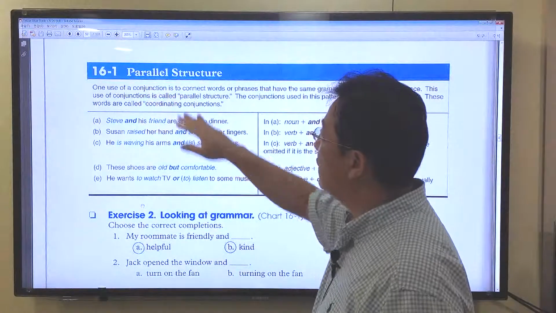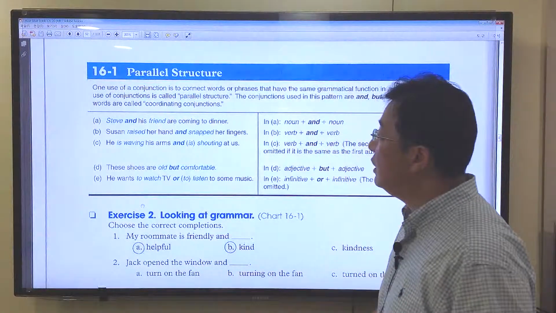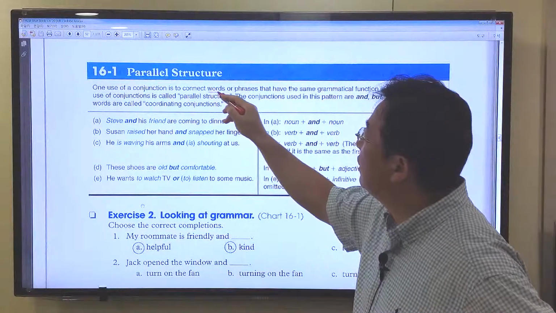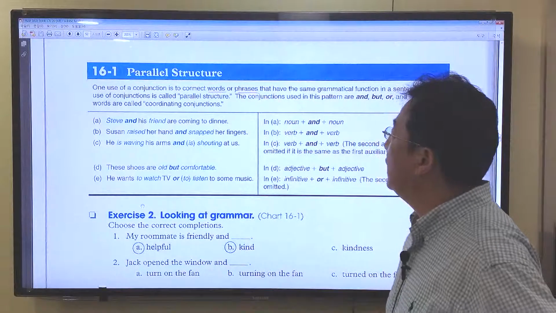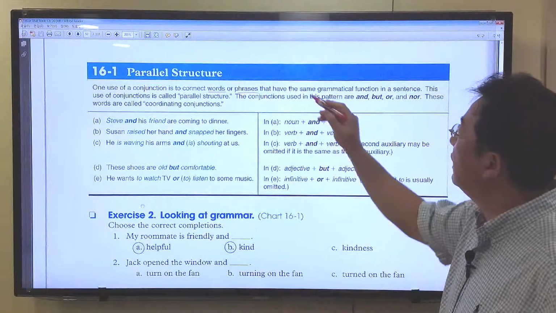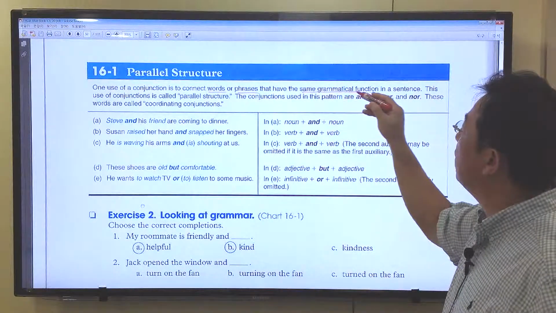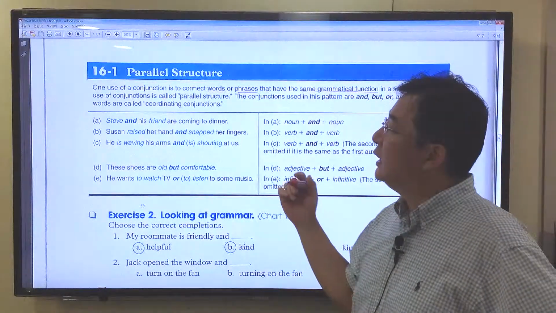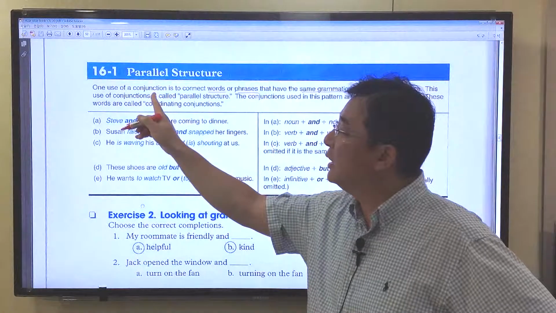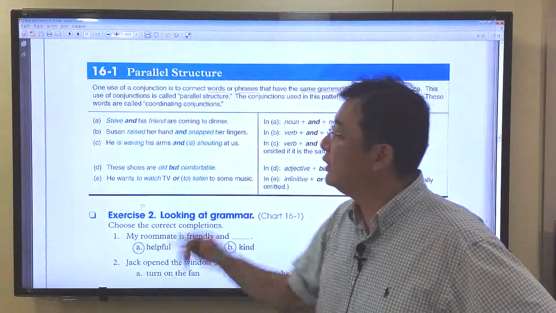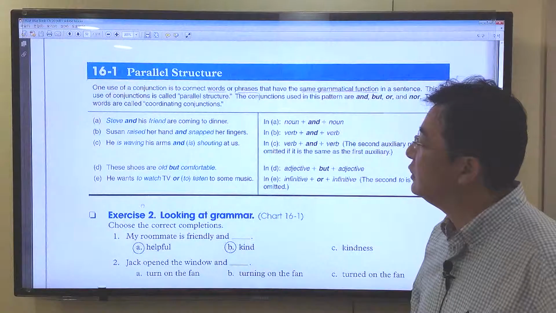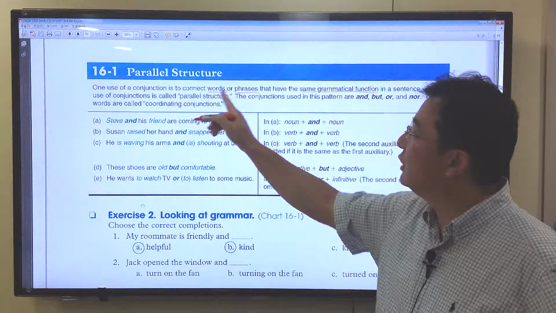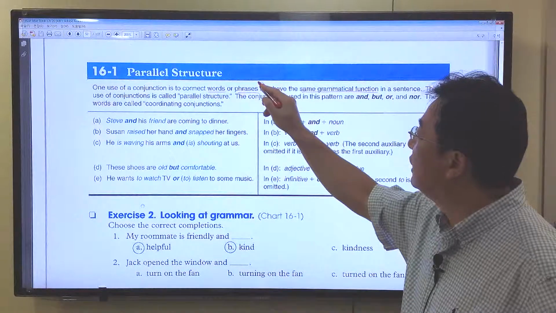One use of a conjunction is to connect words or phrases. So a conjunction is to connect words or phrases that have the same grammatical function in a sentence. 무슨 말입니까? 자, 그 접속사의 하나의 사용 방법은 이 말이죠, 그죠? 하나의 사용의 예는 뭐 하는 겁니까? 단어들이나 구들을 연결하는 건데 어떤 단어들이나 구입니까?